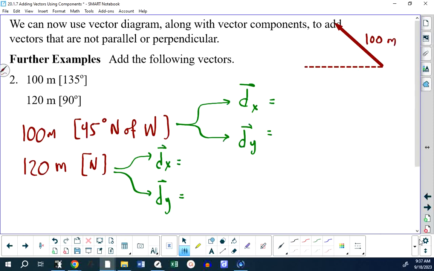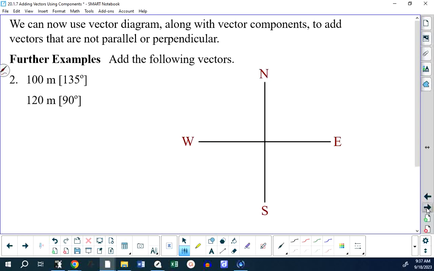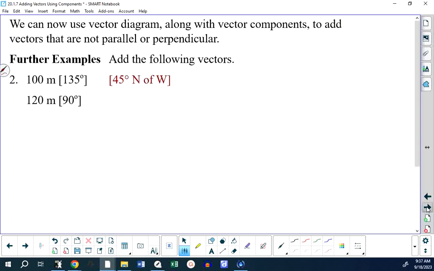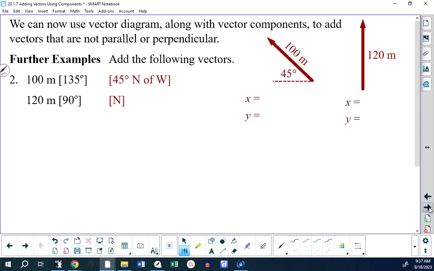You have to determine a horizontal and vertical component of that vector. You have to determine the x and y components of those vectors. Pretty straightforward. With this vector diagram, those are our two components in gray.